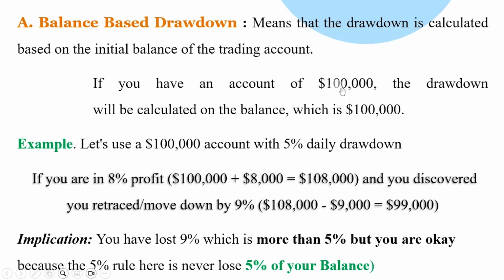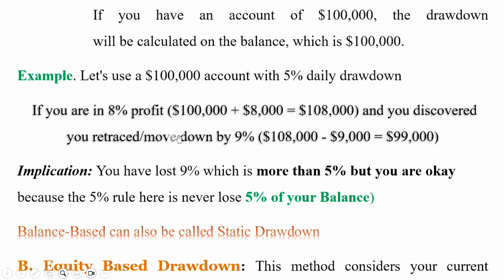Let's take again a $100,000 account. The drawdown will be calculated on the balance, which is $100,000. Example, let's use a $100,000 account with 5% daily drawdown. Let's say you enter into a trade and you are 8% in profit, that means your equity will go to $108,000.